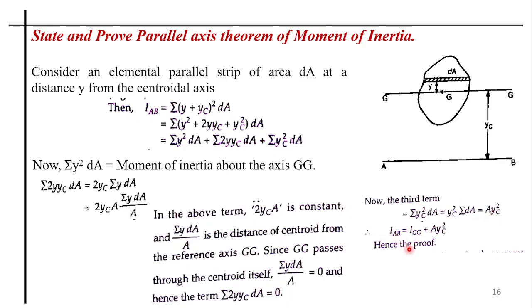So that gives me IAB is equal to IGG plus A multiplied with yc square. Okay, A multiplied with yc square. So that is the proof related to it.